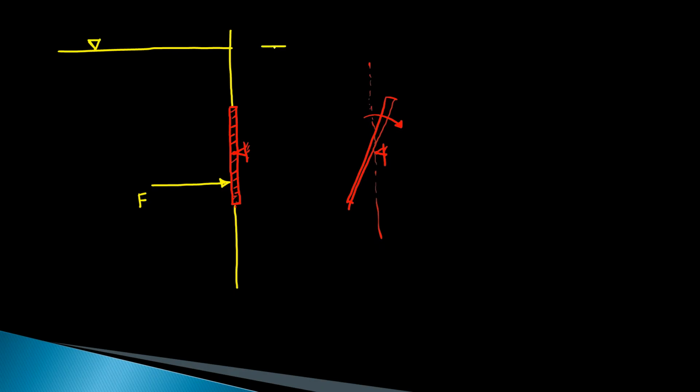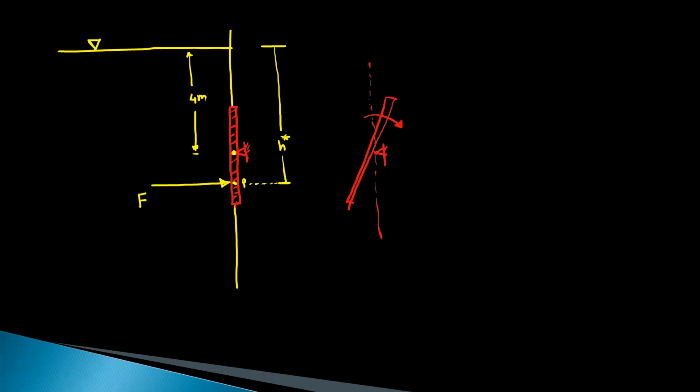From this free surface, the total distance is h star. This point is point P. This center point is at a distance of 4 meter, as given in the problem.